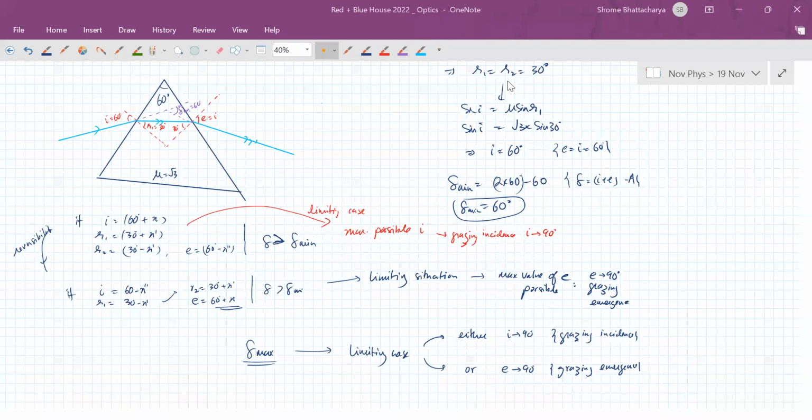Yeah, Shikhar, explain it with a numerical example, then it will become clear. Just write this down.